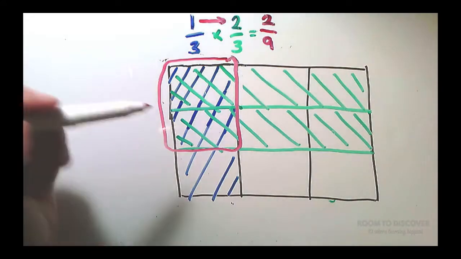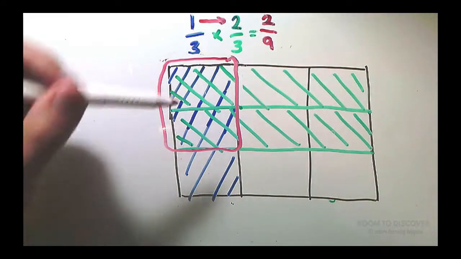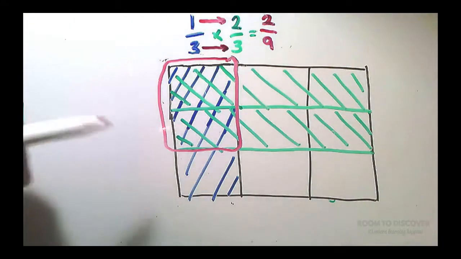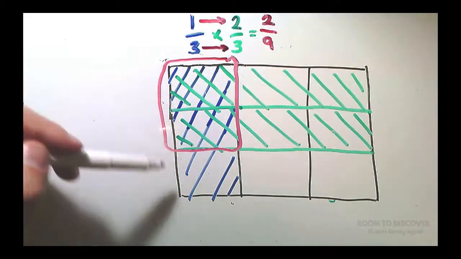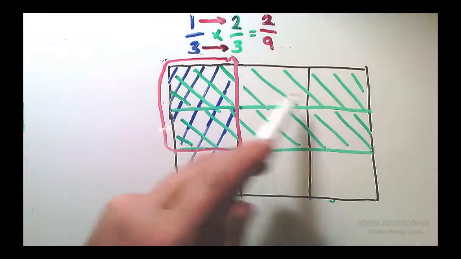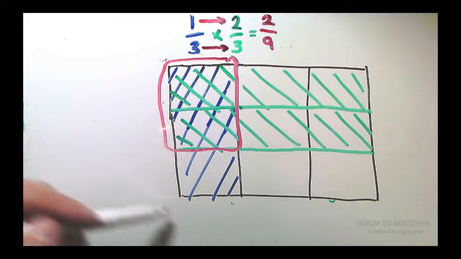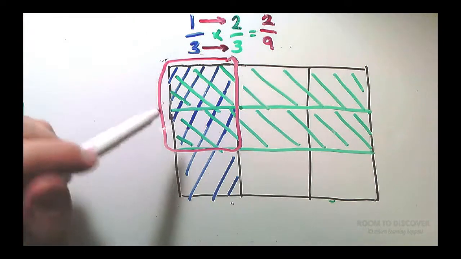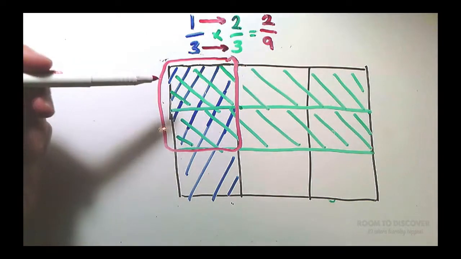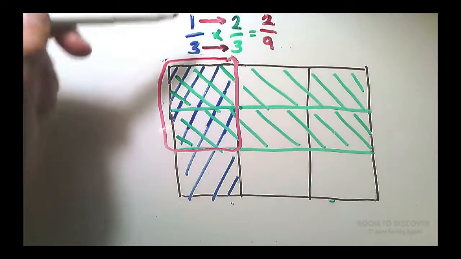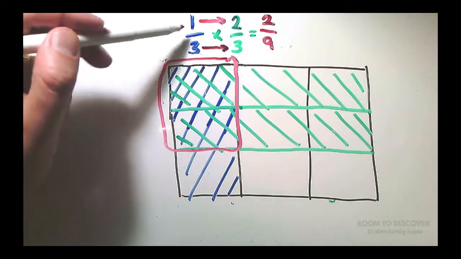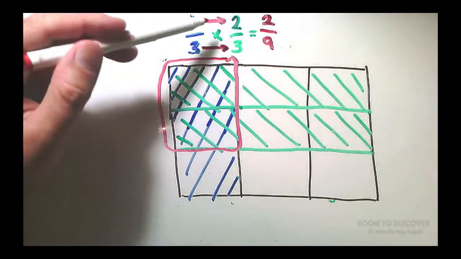So in a pretty cool way, this brings together almost everything we've studied in our K-3. We're using our area models. This is kind of like arrays because we're counting up our total number of boxes. We're thinking about the meaning of multiplication. And this is still a relatively simple example, 1/3 times 2/3.